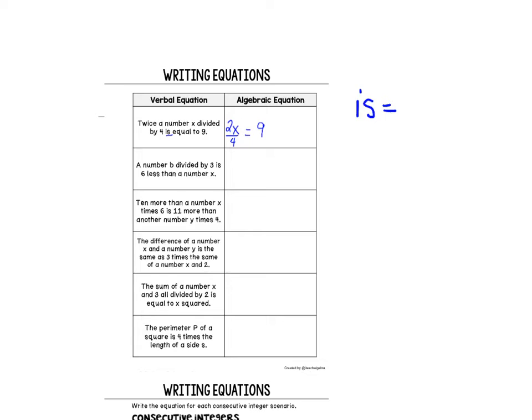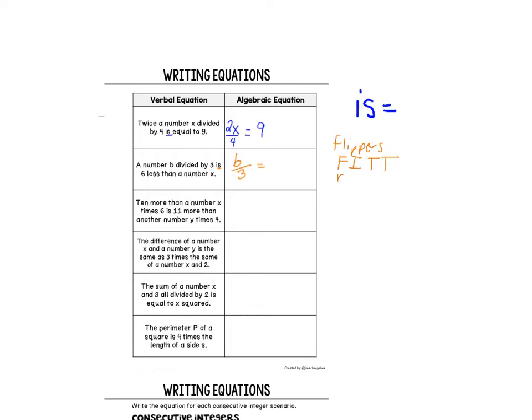Okay, a number b, which is the variable b, divided by 3 over 3 is, there's that "is," that means equals 6 less than a number x. If you remember when we spoke about writing expressions, we had the FIT acronym, which are words that give us our flipping words. We'll call them flippers.